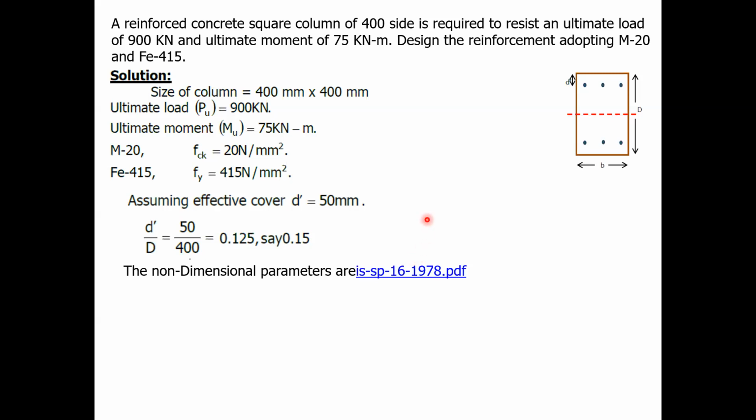So first you have to calculate Pu by fck b d, and after that you have to calculate the moment. Pu is 900 into 10 power 3, fck is 20, and b and d are 400 into 400, as it is given in the question that it is a square column.